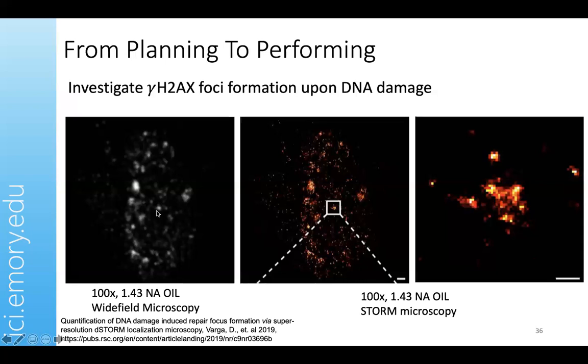So this is where you need to think holistically: what is it that I want to represent? There are people who use a 40x magnification objective, and they still try to address the question of how many gamma H2AX foci they image. And that's not really right, okay?